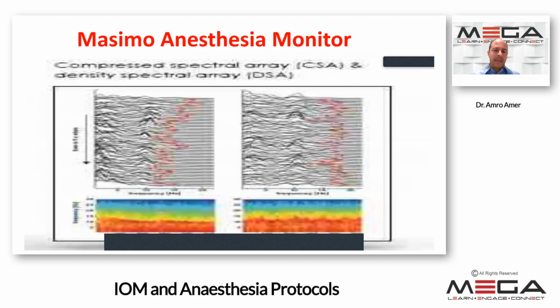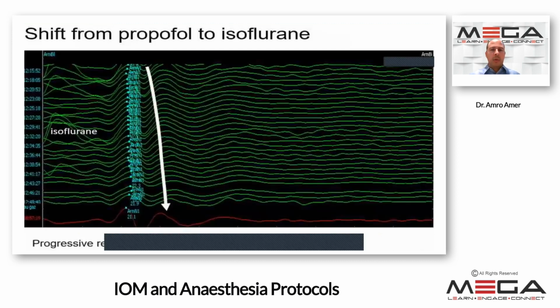This is another picture of CMO, two-channel. Here, for example, you can see the isoflurane is increasing the latency. It's what's called a right shift. Increasing the MAC of the isoflurane will increase the latency.